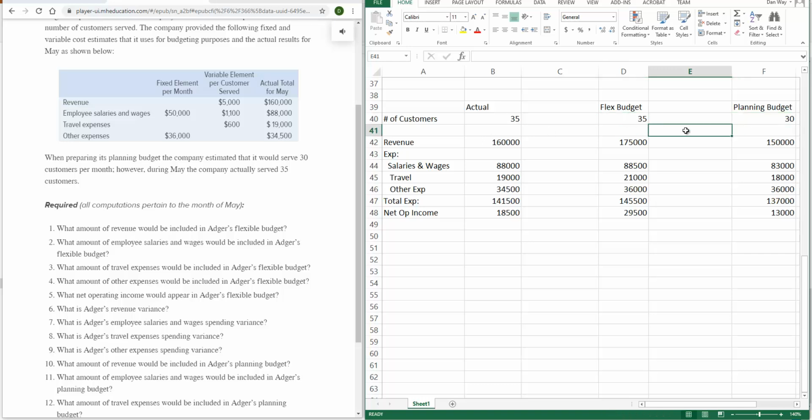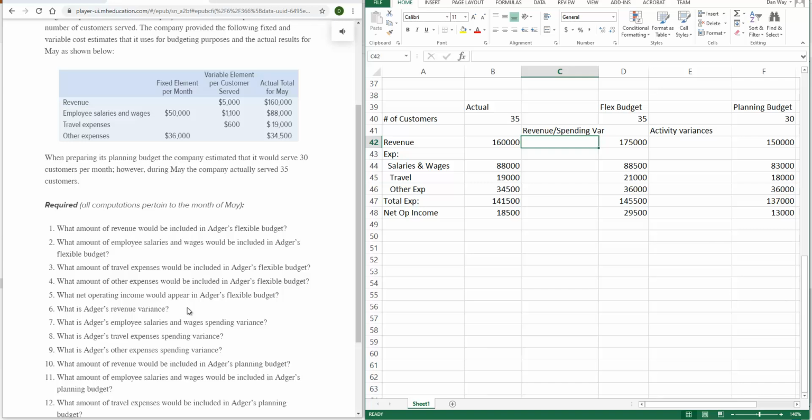So those are our activity variances. Over here between our flex budget and our actual result, that's got to come about because of a difference caused by something other than a change in volume or activity. So a change in the cost of our inputs, change in the price we're able to charge customers if we're thinking about revenue, those types of things. So that's got to be a revenue or spending variance.